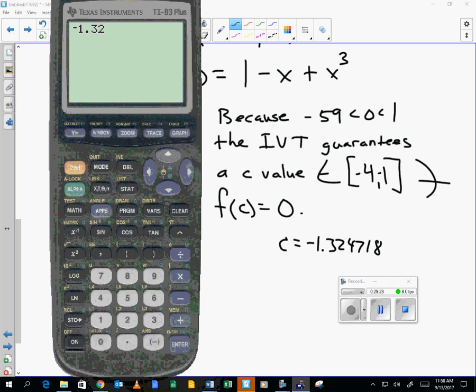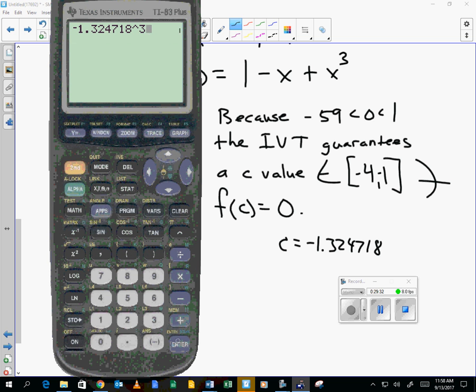It's saying that if you take negative 1.324718 and you cube it, see how this is 1 more than its cube? We were able to prove that that number exists, and we found it. Okay. All right.